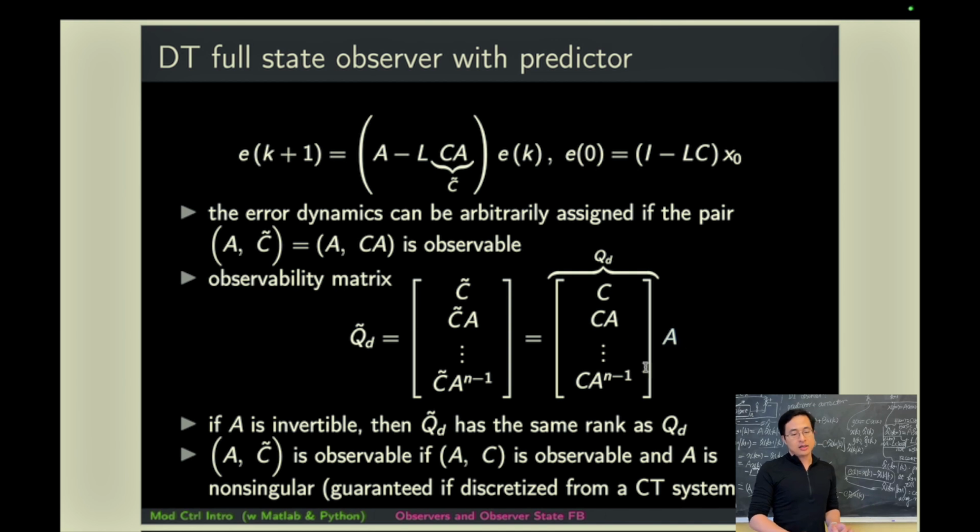And then observability is going to be guaranteed if the original system is observable. So that's a piece of good news in the end. Think about this point after class. Why, if you discretize a continuous time system using the zero order hold method, is the discrete time A matrix invertible, non-singular? Think about that. It's not too difficult to see.